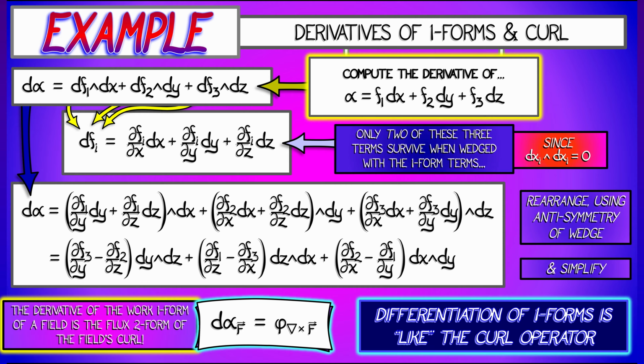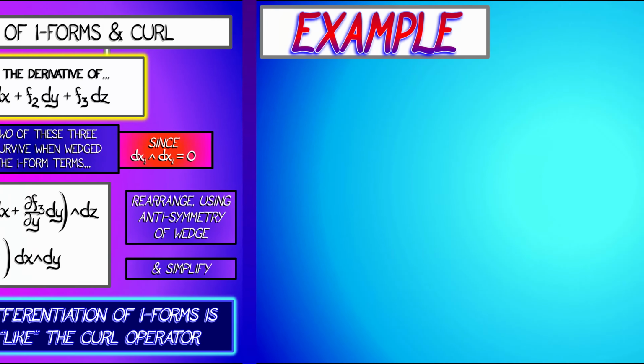Differentiation on one forms acts just like the curl operator. But instead of going from vector fields to vector fields, it goes from work one-form fields to flux two-form fields. That's kind of cool. Is that a coincidence? Well, let's see. Let's keep going, doing another example.